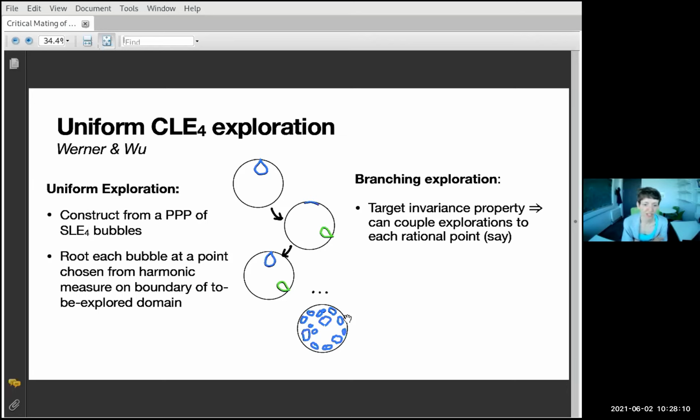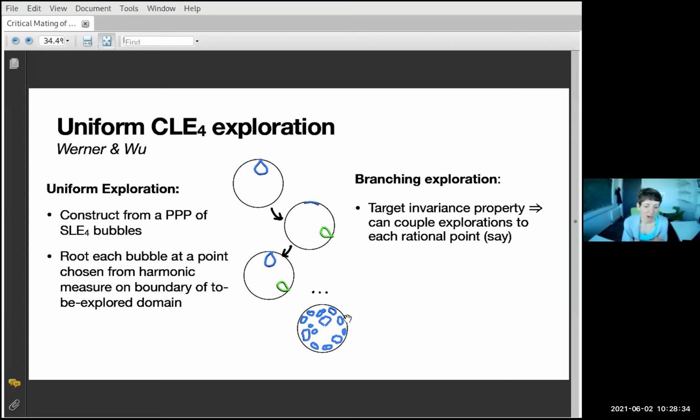A natural question is, in the coupling of the CLE4 exploration and the actual CLE4 that it generates, is the exploration process actually a deterministic function of the loops themselves? We very strongly believe that this is the case, but there's still a bit of work to be done to have this written up rigorously in the literature.